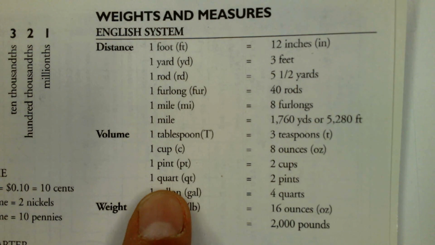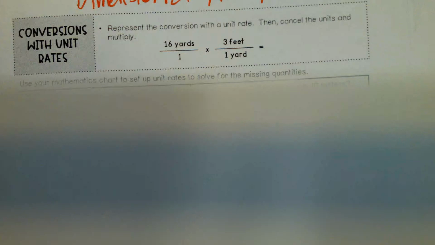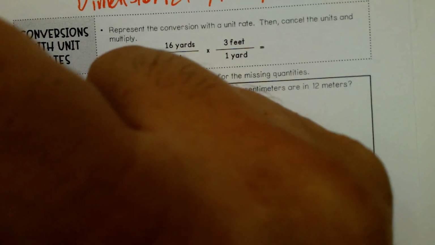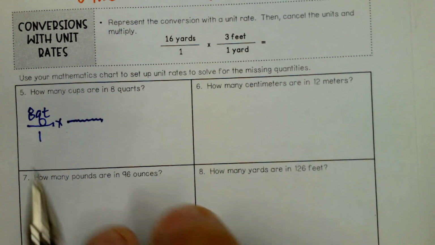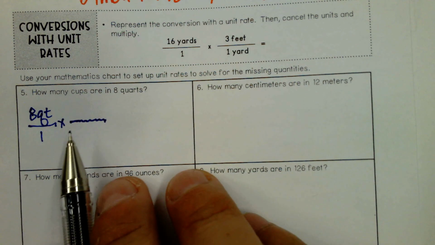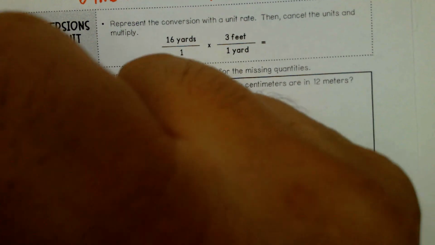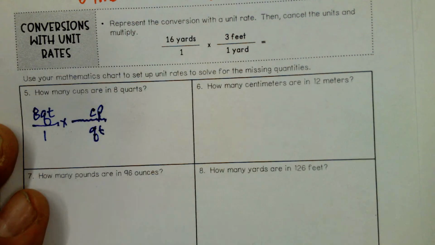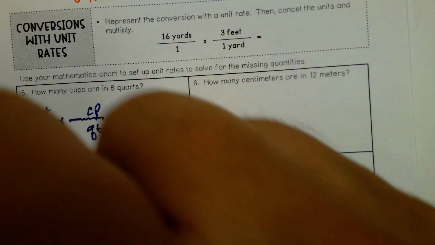It's 4 cups per quart. We don't see it here, but now we have to make a decision. We want to cancel quarts. So do we want quarts in the numerator or denominator? Denominator. And cups would be here. All right. And we said it's 4 cups per quart.